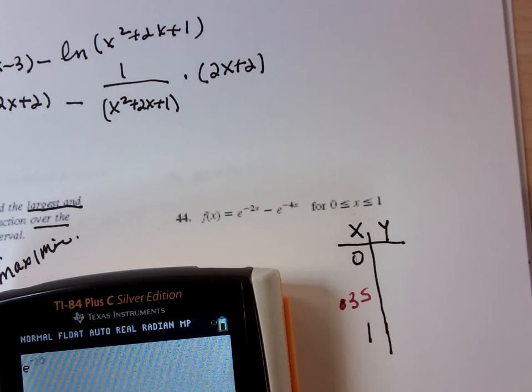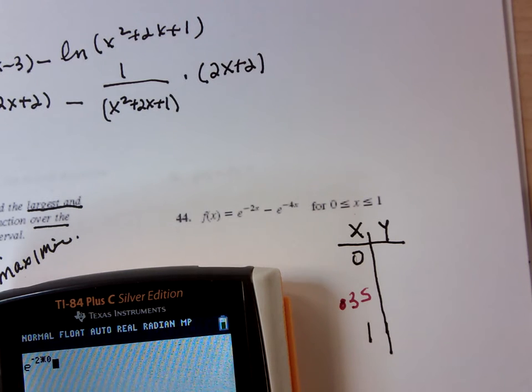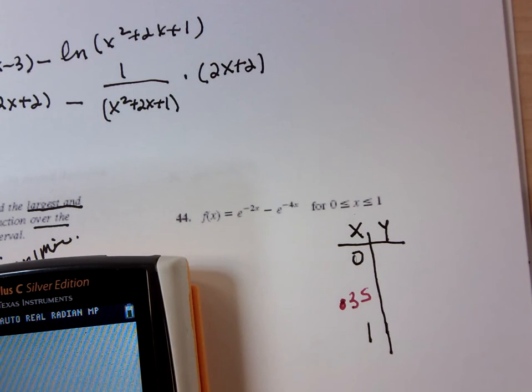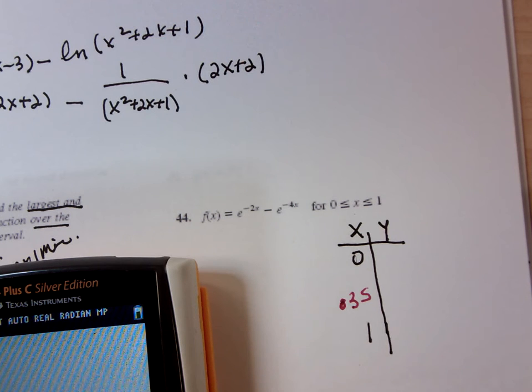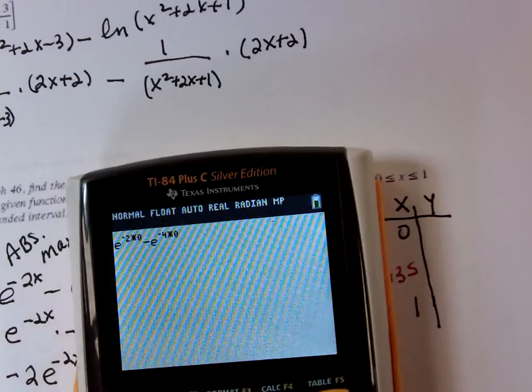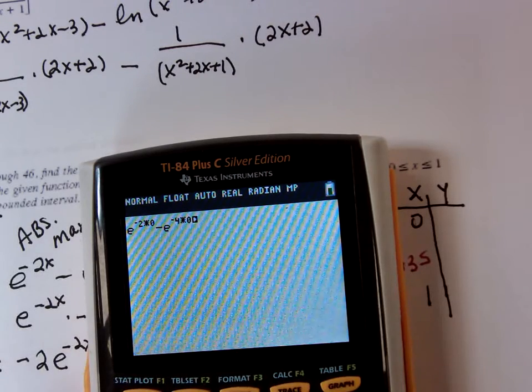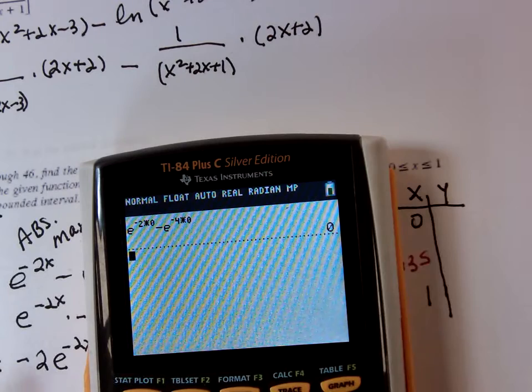Where's E at? Oh, I click on it. And minus e to the negative 4 times 0. Now, by the way, it doesn't matter what calculator you do. If you do with little baby cheapy ones, that'll work too. And that comes out to be 0.